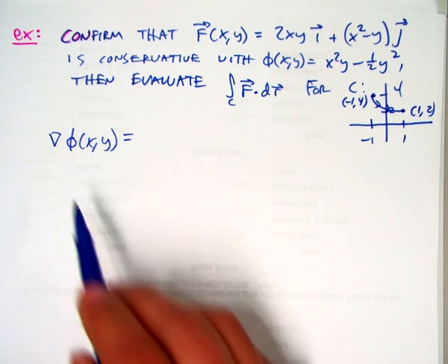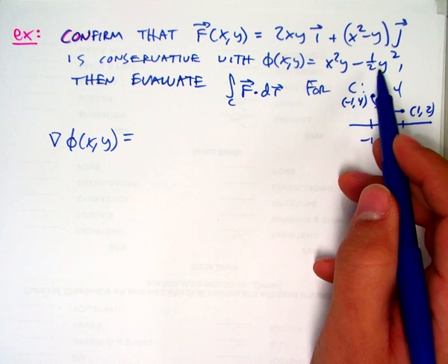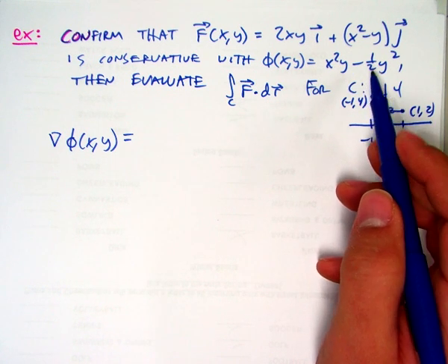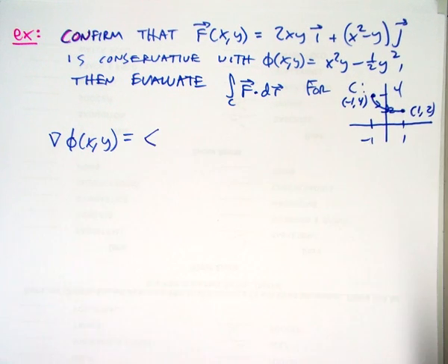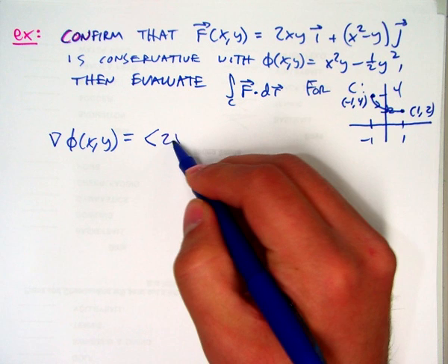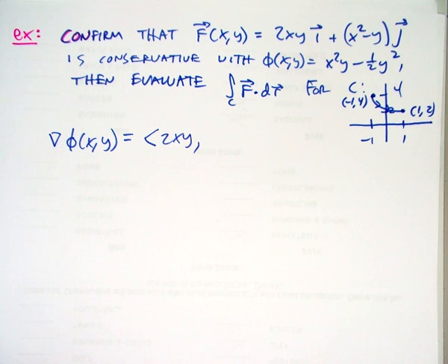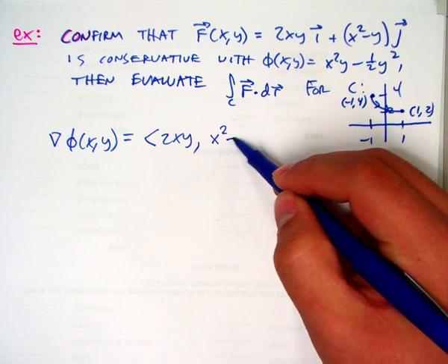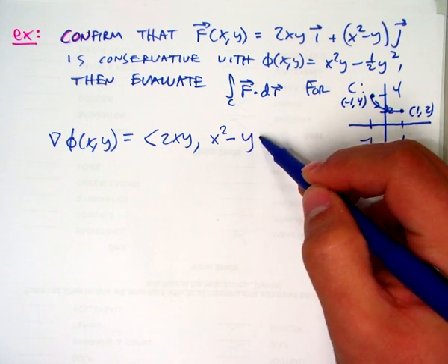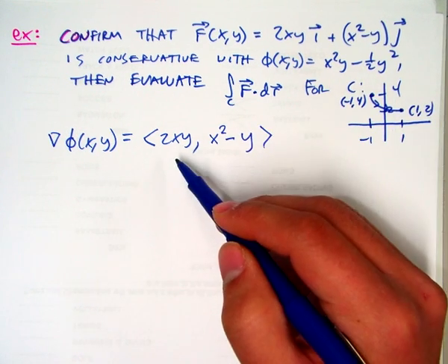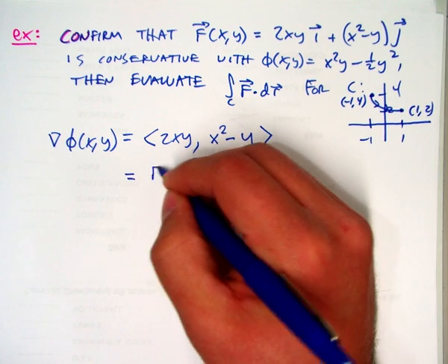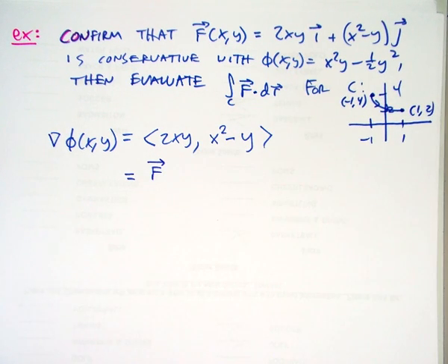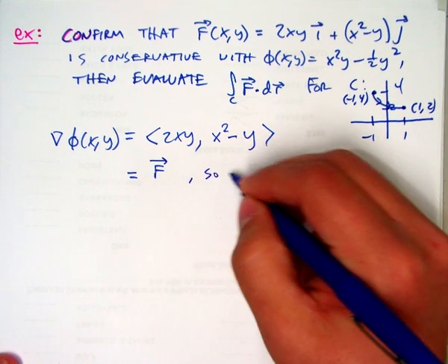So if we take the gradient of x squared y minus 1/2 y squared, what is partial x going to be? And partial y would be? Which is equal to f. Okay, so f is conservative.